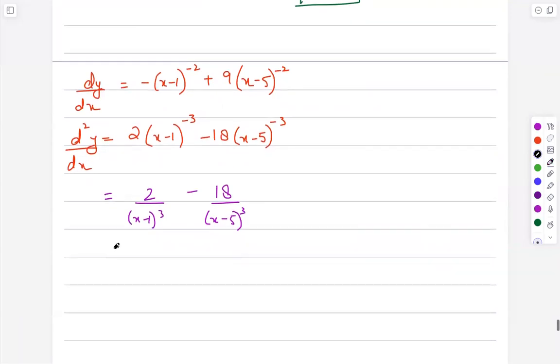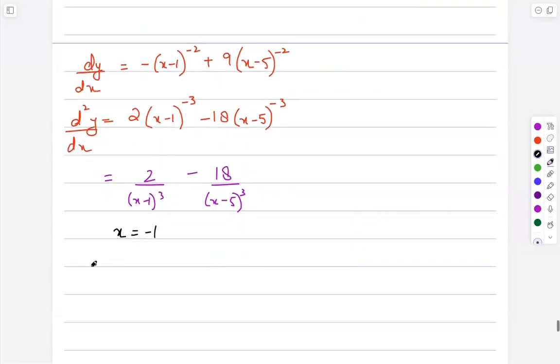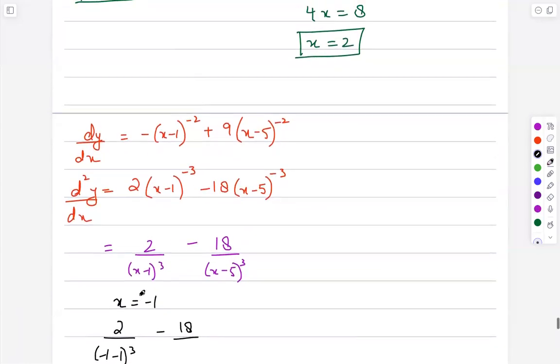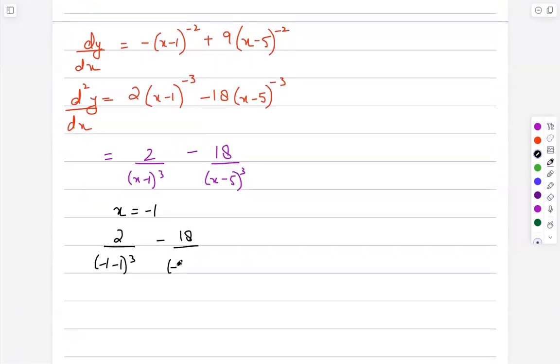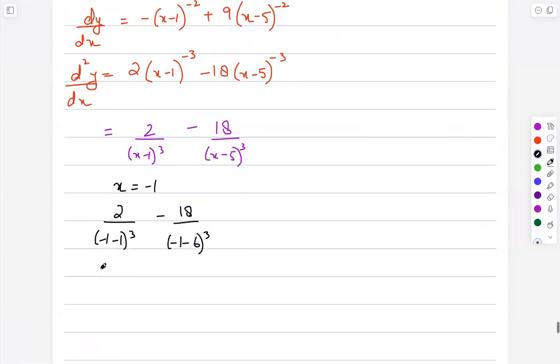Taking x equals minus 1. So when x is equal to minus 1, this will be 2 upon (minus 1 minus 1) whole cube minus 18 upon (minus 1 minus 5) whole cube. So this will be 2 upon minus 2 whole cube, which is minus 8, and this will be minus 18 upon minus 6 whole cube.